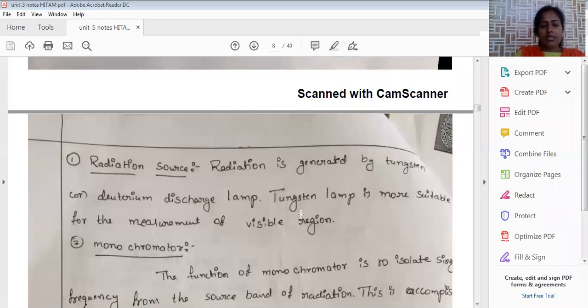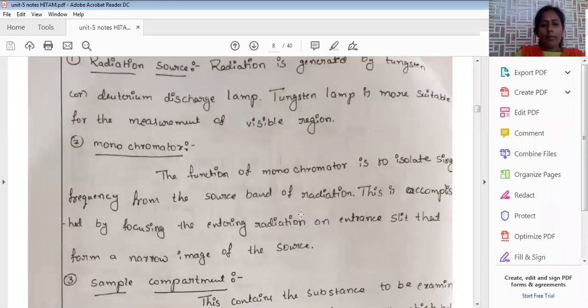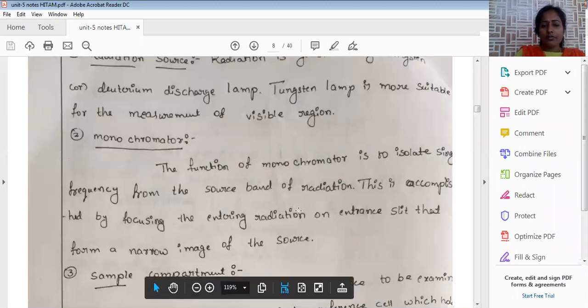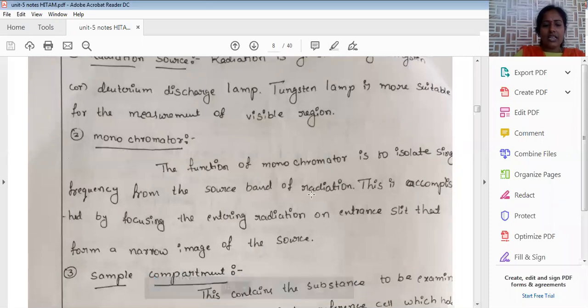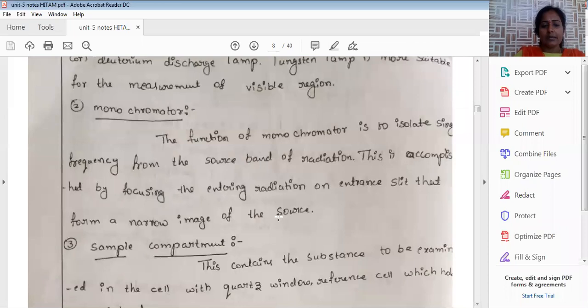The monochromator takes light passing in all possible directions; a Nicol prism or polarizer can be taken. This gives radiation passing through a single slit, so a single beam of unidirectional light is obtained.